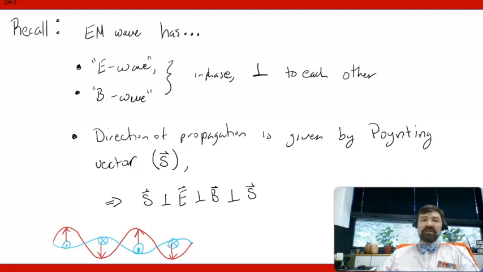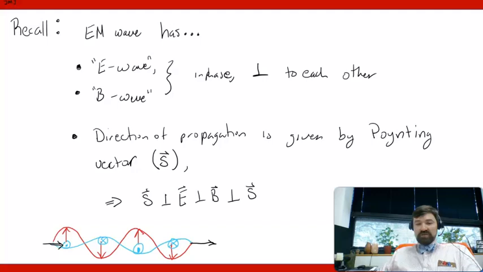I'm just drawing some of the vectors, not all of them, just to give you a general sense. Then that means that my Poynting vector will be along this direction that's perpendicular to both. And I've drawn them a little bit askew. But essentially my Poynting vector will either be to the left or to the right. And it's E cross B. So in this case, it's actually pointing to the right.